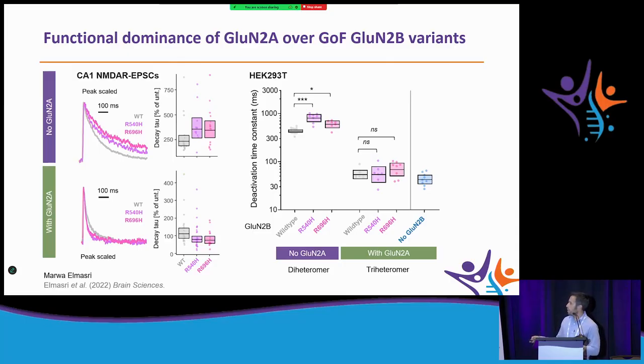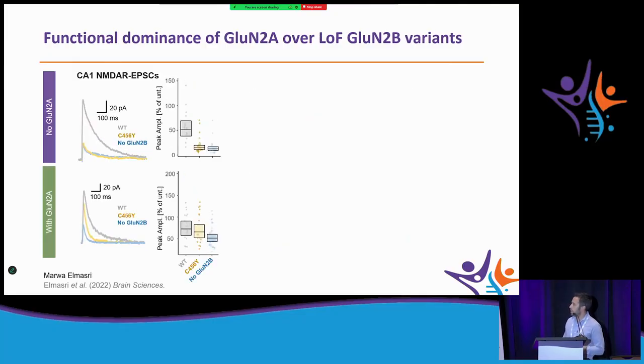What we've been looking at with this functional dominance of the GLUN2A was for gain of function variants, and we've also seen that when we express loss of function variants in backgrounds without GLUN2A and with GLUN2A, we see some rescue of the synaptic NMDA receptor current in the loss of function variant conditions when there's GLUN2A.